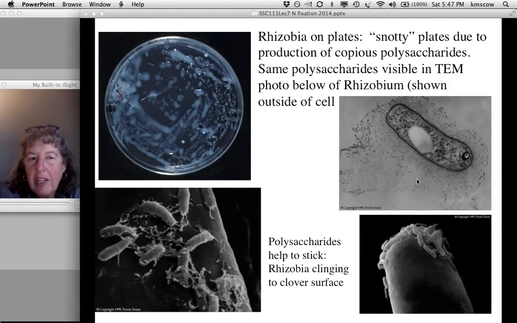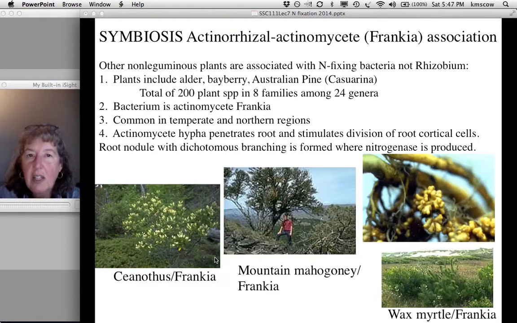All this debris here is that extracellular polymer as it converts when you're preparing the cell for electron microscopy. And that extracellular polymer is really important in helping rhizobia cling to the surface of the plant root as it's growing through the soil and getting ready to make these nodules.